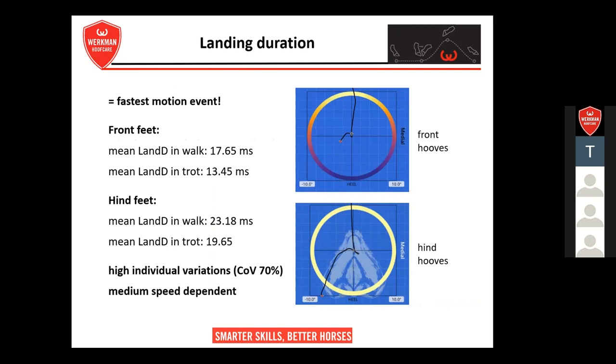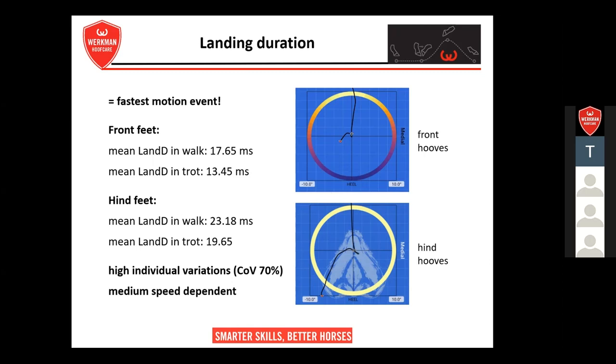Landing is in general the fastest motion event. It's faster than breakover. If we compare the values of the front feet and the hind feet in walk and trot, you can see that on average, in a population of horses, the front feet have a little bit faster landing duration than the hind feet.